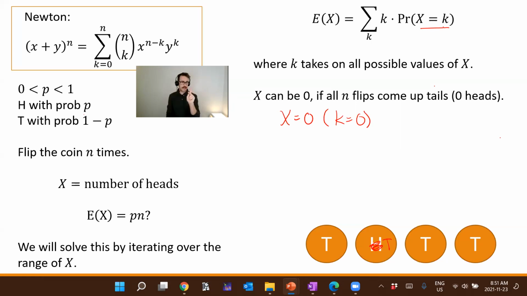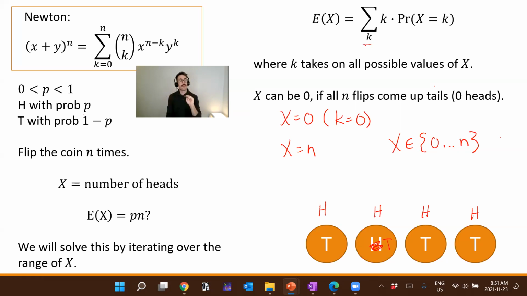Right, so if we want to find the range of our random variable x, well, we know that it can be as low as 0, and then it can be as high as, if all of these were heads, I could flip all n coins to be heads, so it could be up to n. So x is somewhere in the range of 0 to n of integers.